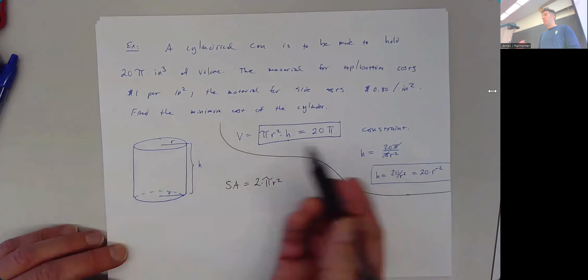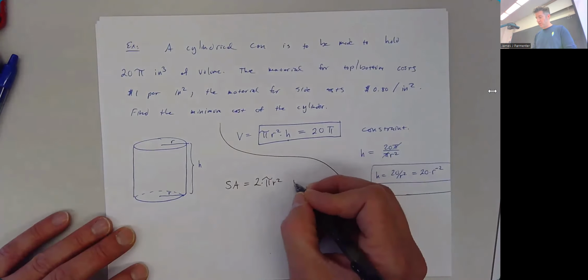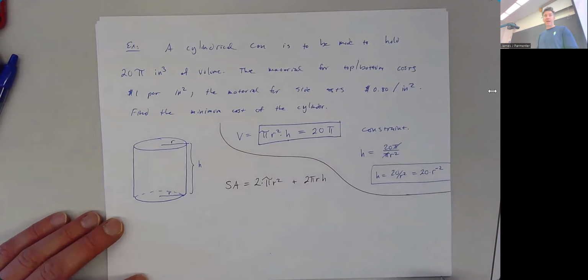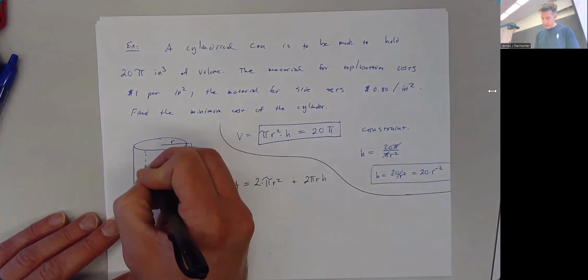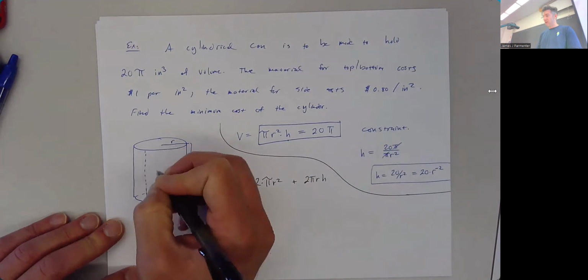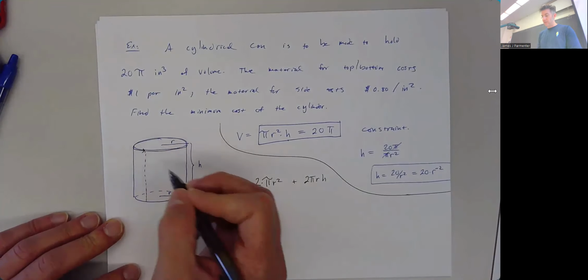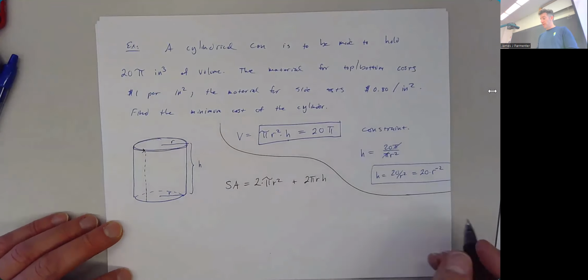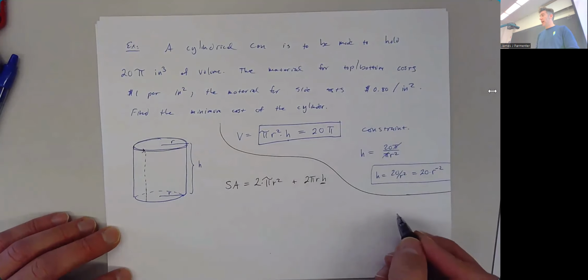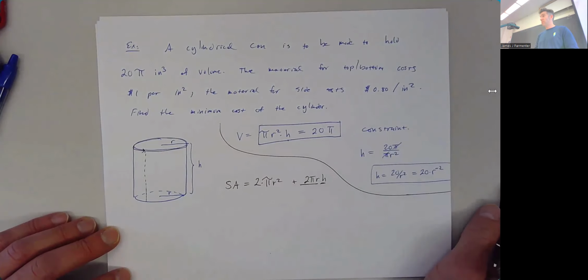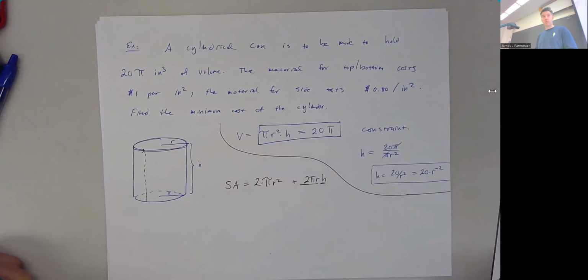And then the around part, which I'll remind you is 2 pi r h. Again, I'm thinking about this being a roll of paper towels. If I unroll that paper towel, it goes all the way around. It's just a rectangle whose height is h and whose length is the circumference of the circle, which is 2 pi r. Seem good? Okay.